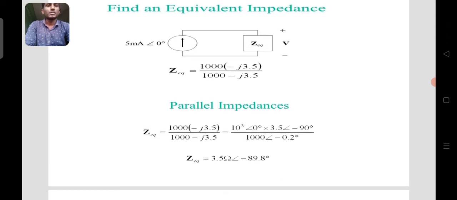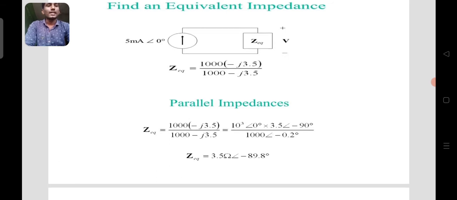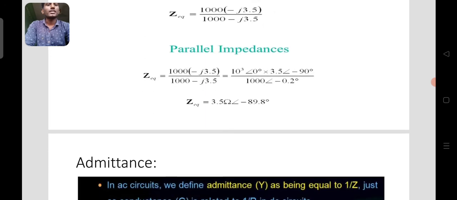For parallel impedances, Z equal to 10 power 3 angle 0 degrees into 3.5 angle minus 90 degrees by 1000 into angle minus 0.2 degrees. So we get the equivalent impedance as 3.5 ohm angle minus 89.8 degrees.